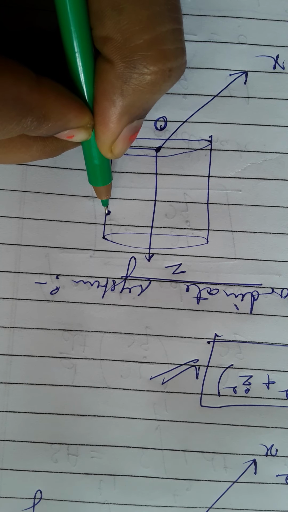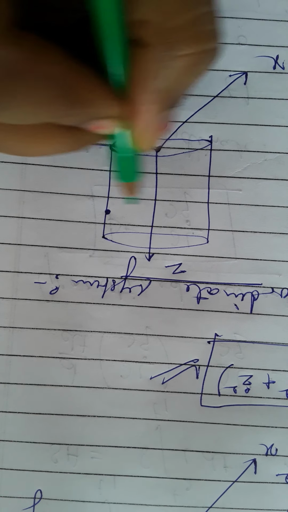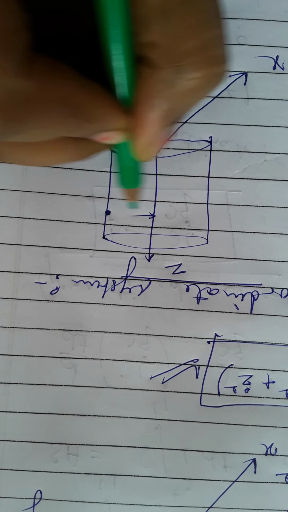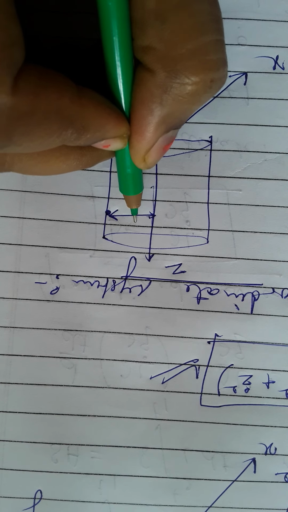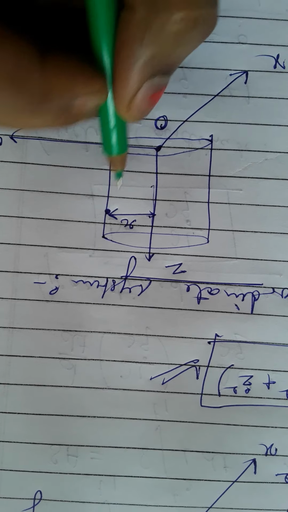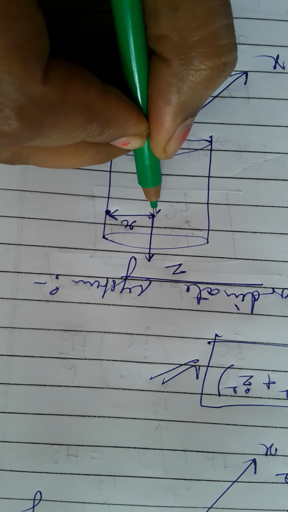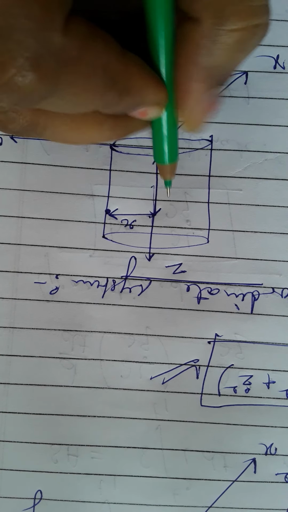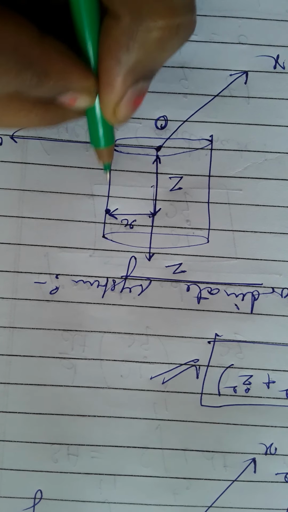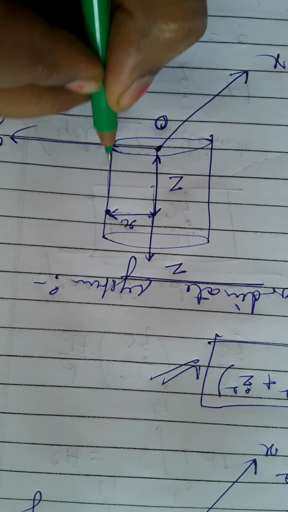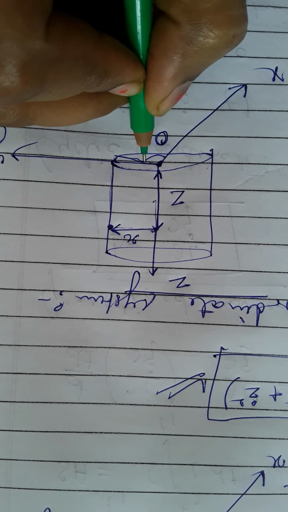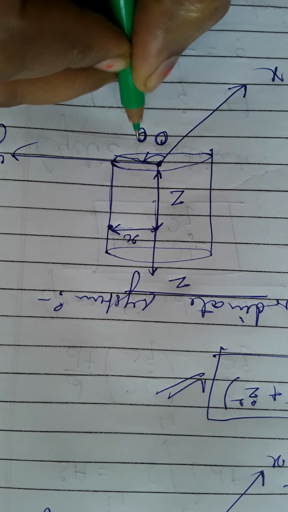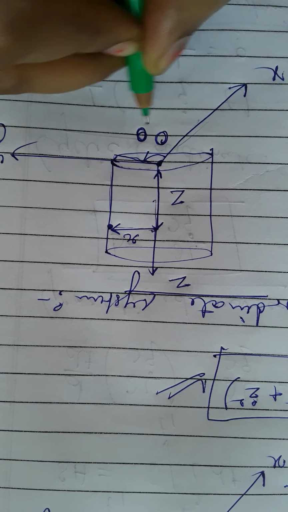If any particle is here and you want to locate it, the distance of that particle from the z axis is your r, and the height from the origin in the z direction is your z, and the projection of this onto the lower plane, making angle theta from the x-axis, is theta.